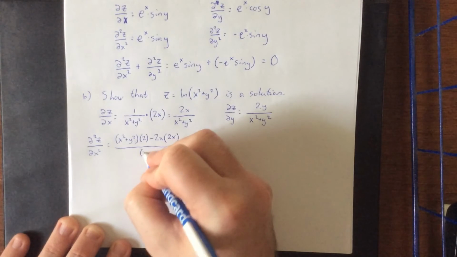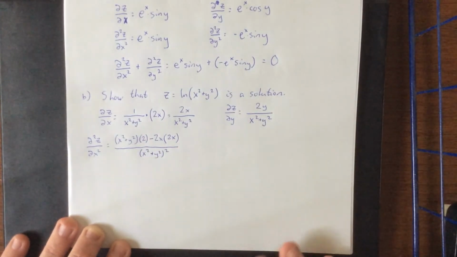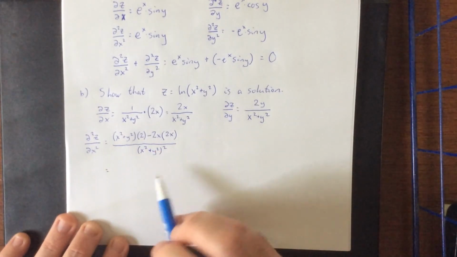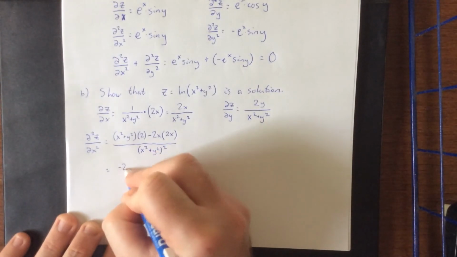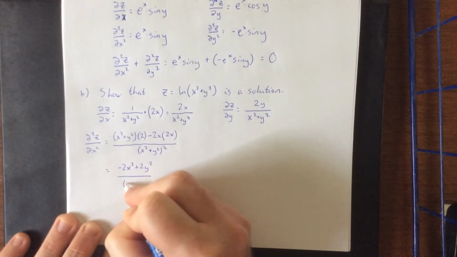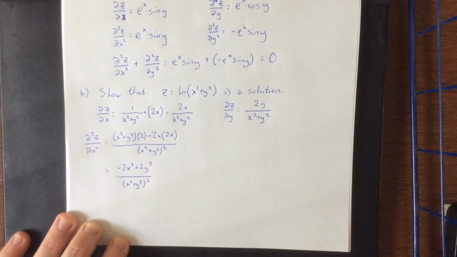And this will all be over the square of what's below. Combining like terms and distributing where appropriate, we're going to wind up with 2x squared minus 4x squared. That'll be minus 2x squared plus 2y squared all over x squared plus y squared, quantity squared.